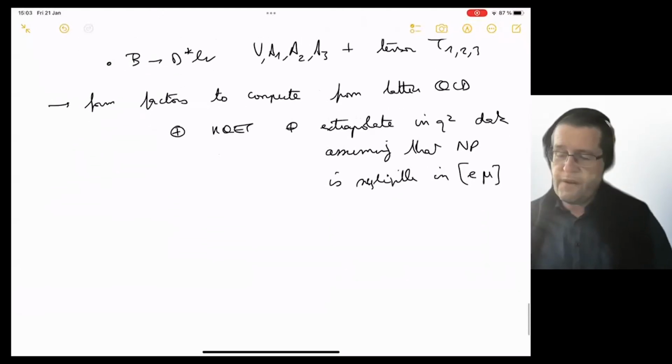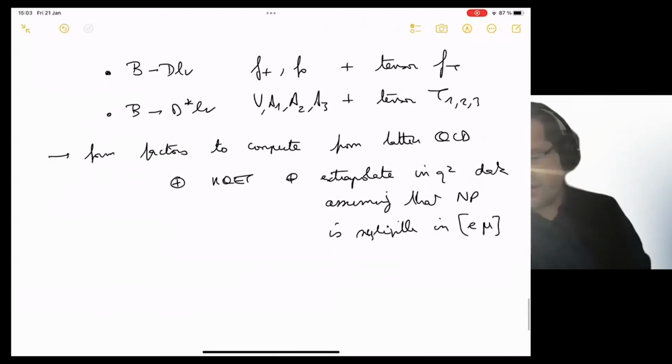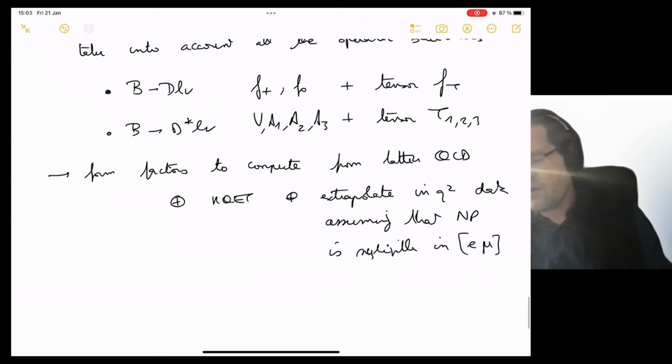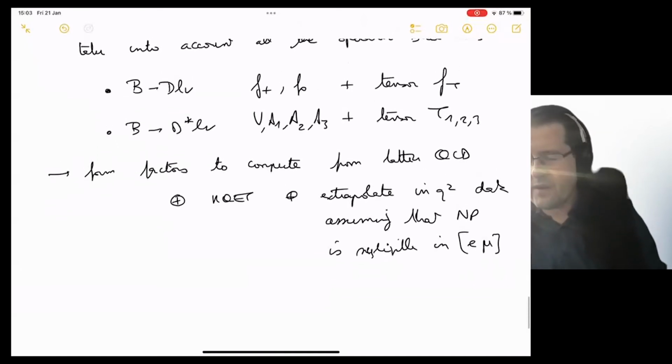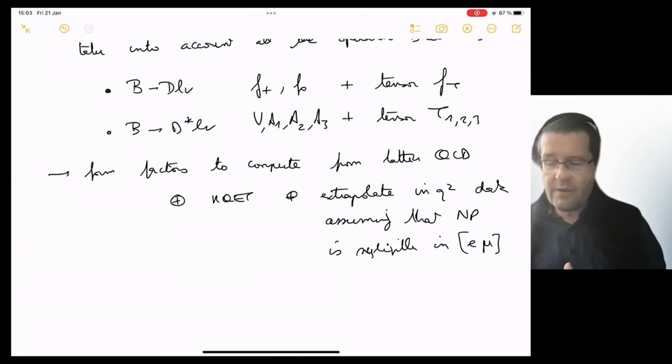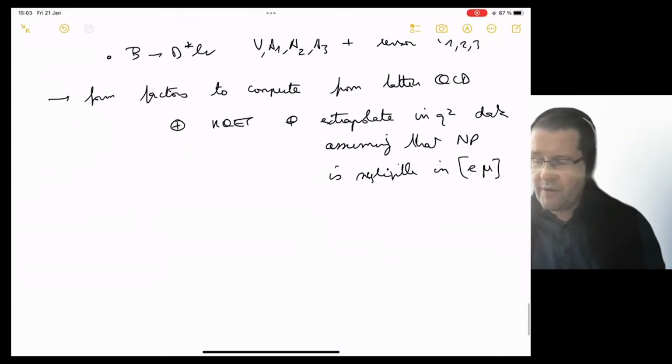The situation is improving, as now there are more accurate determinations for these form factors. It's getting better, and it's still compatible with the previous determinations. So it doesn't seem to be much of a problem for the moment.